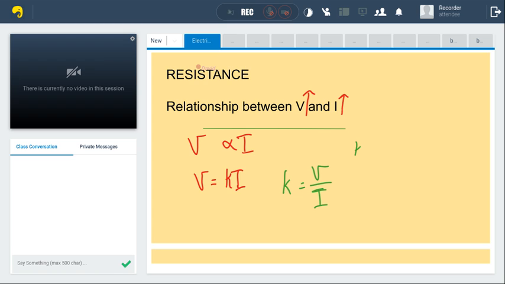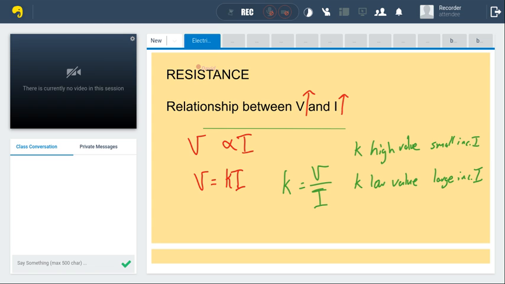So we would say that K has a high value if we don't get a lot of increase in current. So we would say that K has a high value if we get a small increase in I as we increase V. K would have a low value if we got a large increase in I as we increase V. So that's just basic fraction work, right?